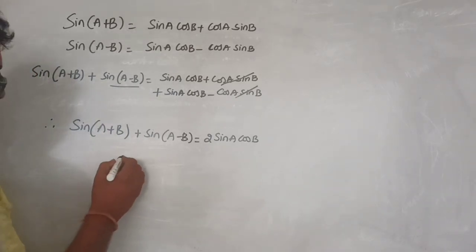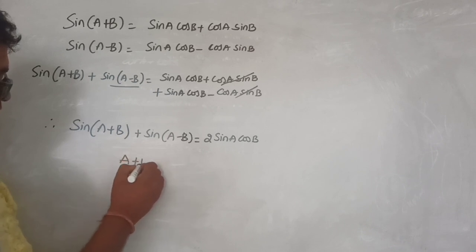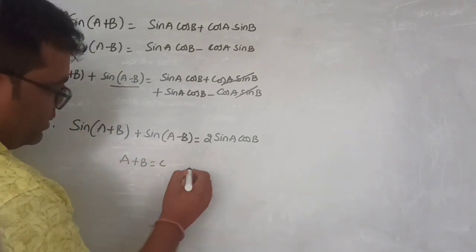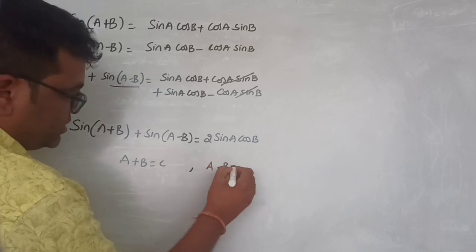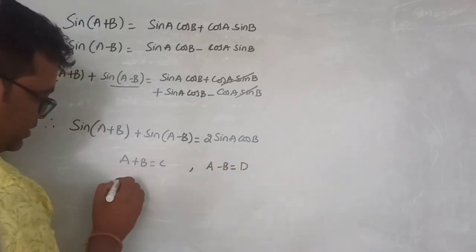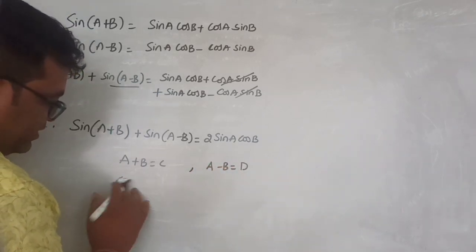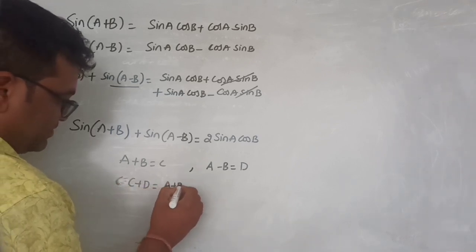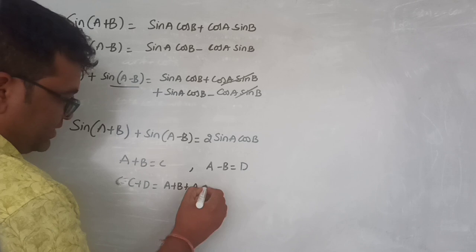Here if we take a plus b is equal to c, a minus b is equal to d. So here c plus d is equal to a plus b plus a minus b.